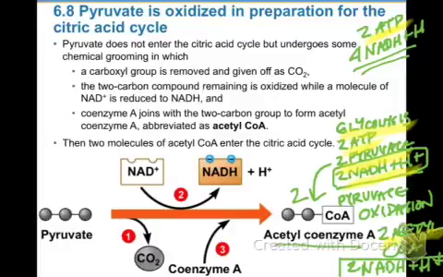In this next step, which I'm just going to call pyruvate oxidation, we've swapped out the pyruvate for 2 acetyl coenzyme A, and we've also generated two more NADH plus H plus. Here again, this might be good for the margin of your notes.